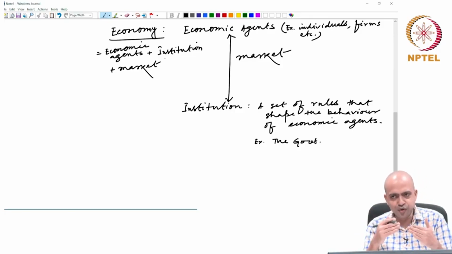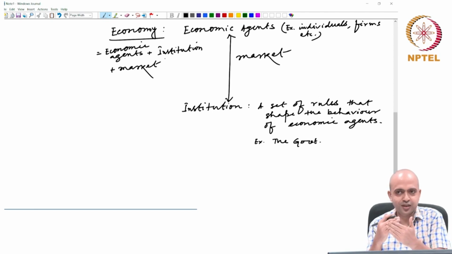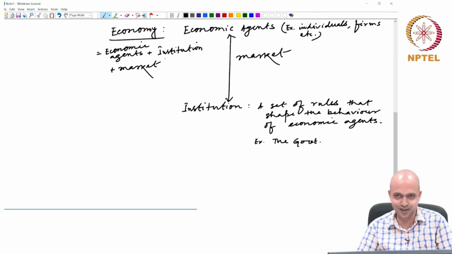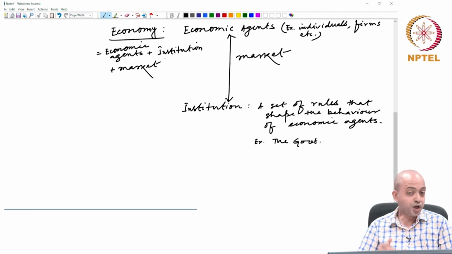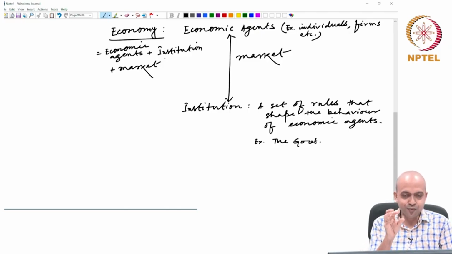Now, the environment and the economy, there is some kind of interlinkages. What I was saying, that we will justify the importance of studying environmental economics.